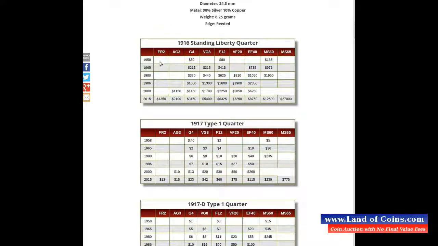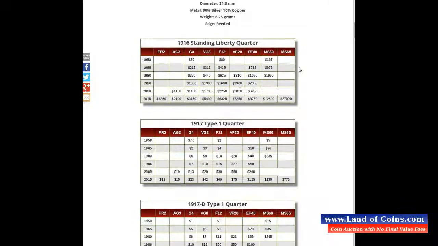Of course, the books and the values back then didn't describe every single grade because the grading system was not really established in the 1950s, but these values were. So you can see as the decades went along, the price values of rare coins went up substantially, especially if it was a rare coin like the 1916 Standing Liberty Quarter.